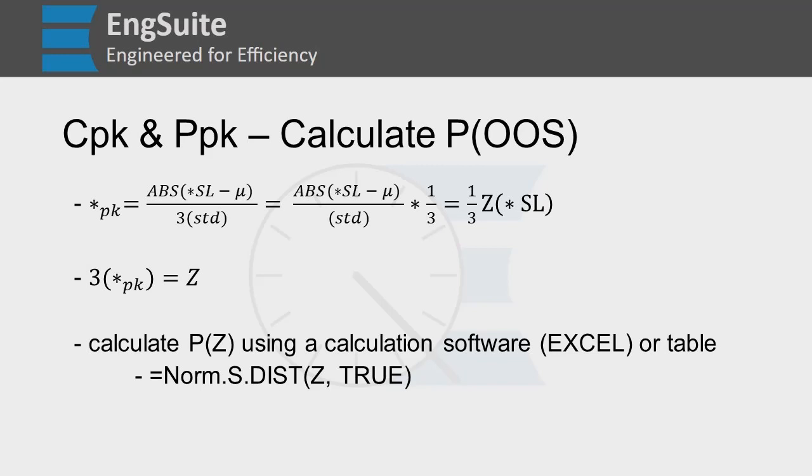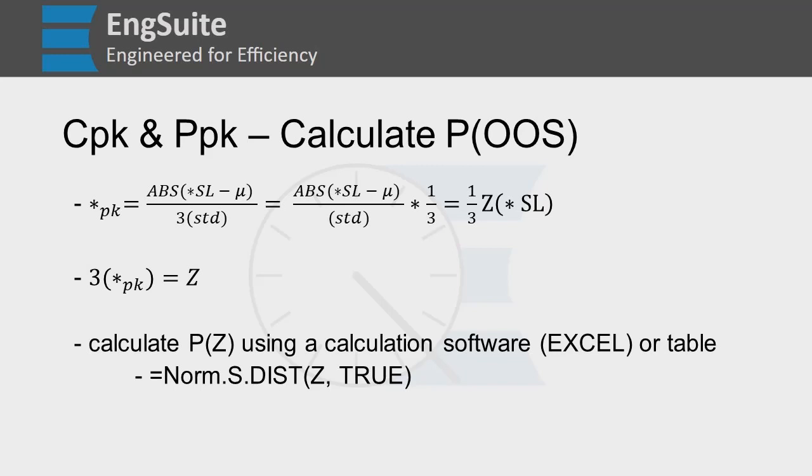Okay? Then we can calculate the probability of z using some software like Excel. So what we're going to do is, if you're in Excel, use equals norm.s.dist of z, and then put in true to get the cumulative distribution function.